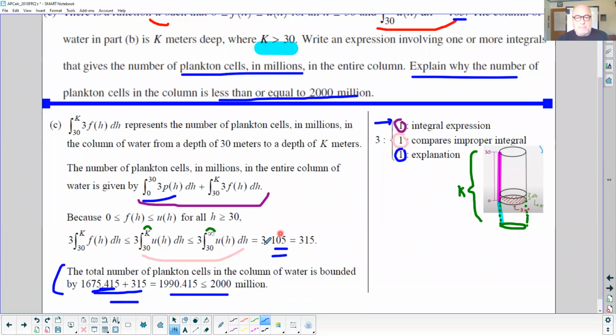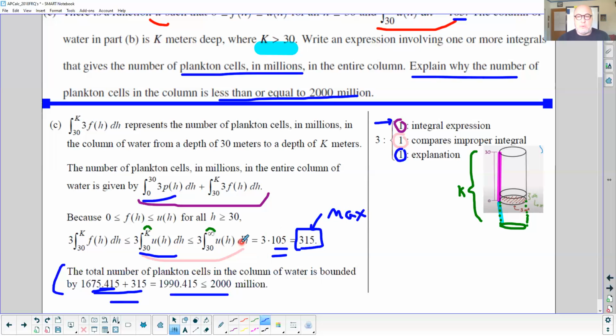So if the absolute maximum is 105, 105 times 3 gives you a total maximum of 315. You know that k could be under infinity, so that has to be a little bit less, because that's the biggest it can be. And f is even under u, so that has to be a little bit smaller. So this right here is the absolute maximum value it can be.